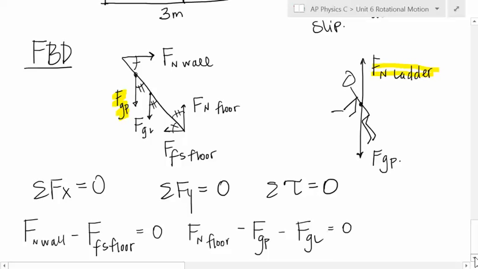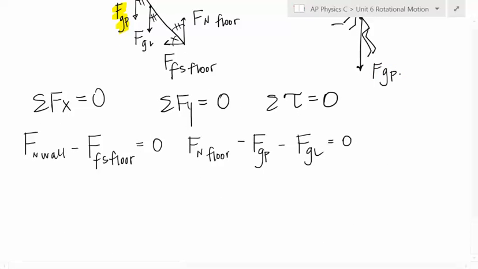But before I do that, let's remember, where do we find the coefficient of friction? It's in the force of friction, right? So mu times the force normal. And if it's the force of friction on the floor, then I need the force normal floor. Right?